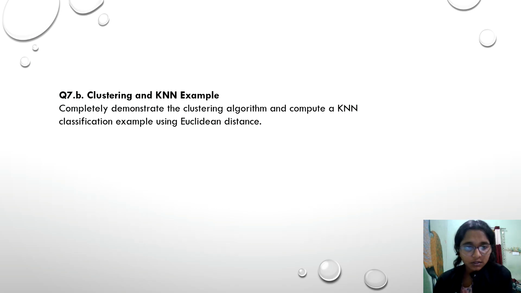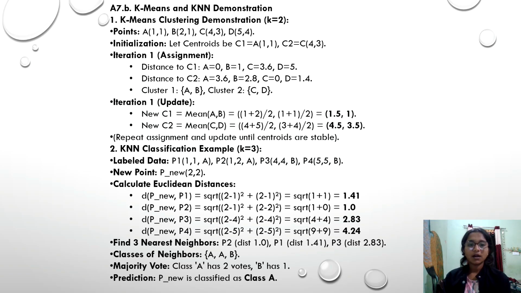Next question is the clustering and KNN example. Demonstrate the clustering algorithm and compute a KNN classification example using Euclidean distance. And here is the given example for both of them, k-means and KNN demonstration.